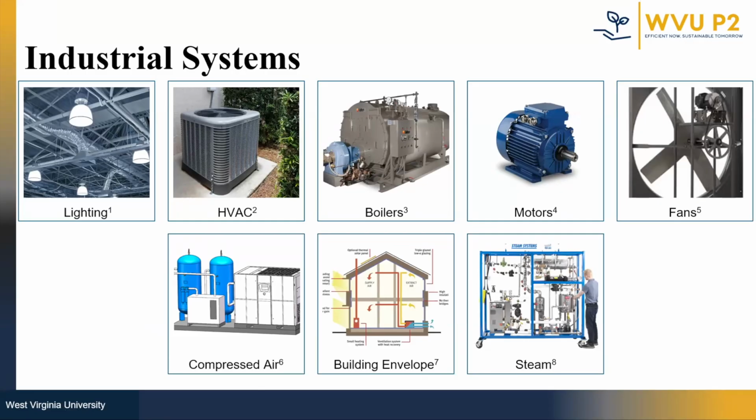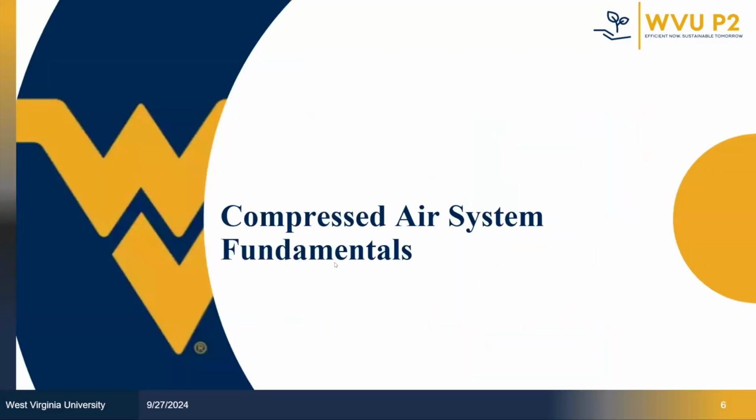This system, along with the equipment specific to their processes, represent all or most of the energy used in the typical industrial facility. Each of these systems significantly influence the overall energy efficiency and energy cost of the facility. So today we will be focusing on compressed air system.